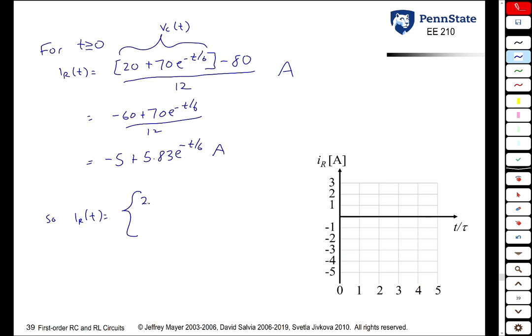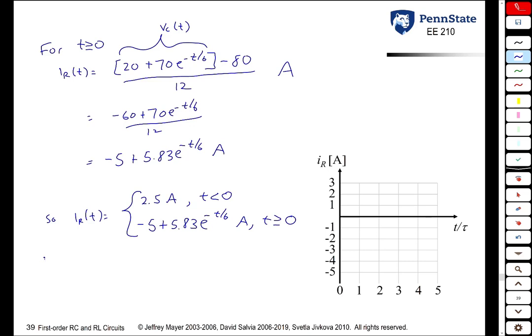From step 2, we know that before the change at 0, it's 2.5 amps. We got that from the DC steady state part of the problem. And then from the step above, we see the value is minus 5 plus 5.83 e to the minus t over 6 amps for t greater than or equal to 0.